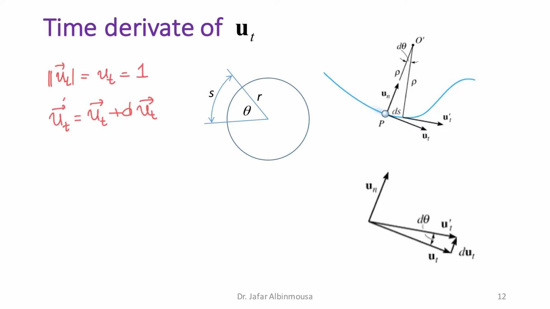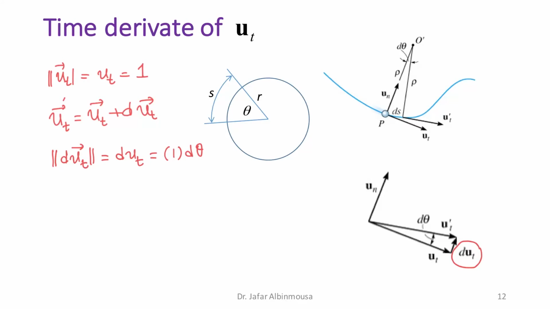Now, if we look carefully at this dut and calculate its magnitude, then it is equal to 1 multiplied by d theta.